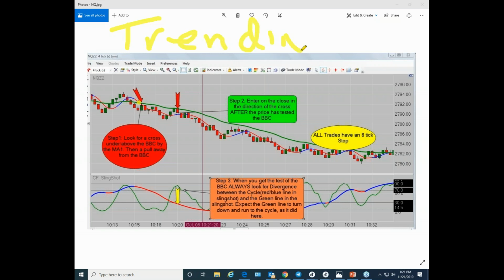That's the number one trap people fall into. They have no clue that they're inside a sideways market. I'm going to show you one way to avoid that. So if we get a bearish setup, we better be making lower lows. If we get a bullish setup, we better be making higher highs.